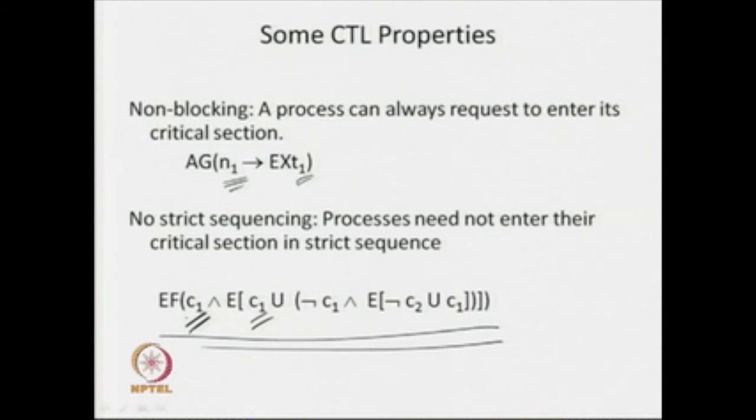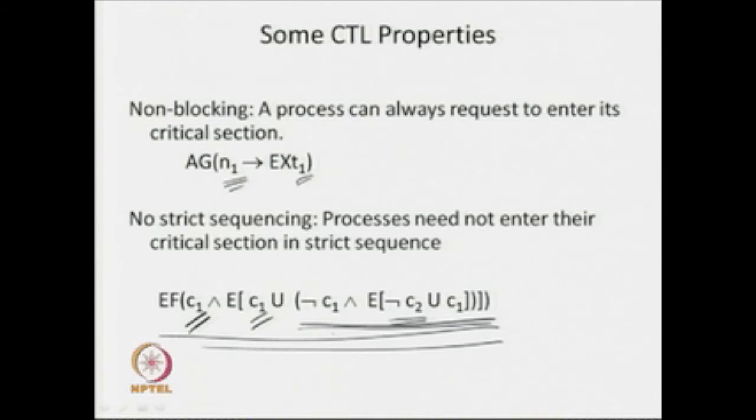That is why we are saying that C1 is true and there exists a path where C1 remains true until not C1 holds, that means C1 becomes negated. Along with that, C2 will remain negated. So, C2 will remain false until again C1 becomes true.